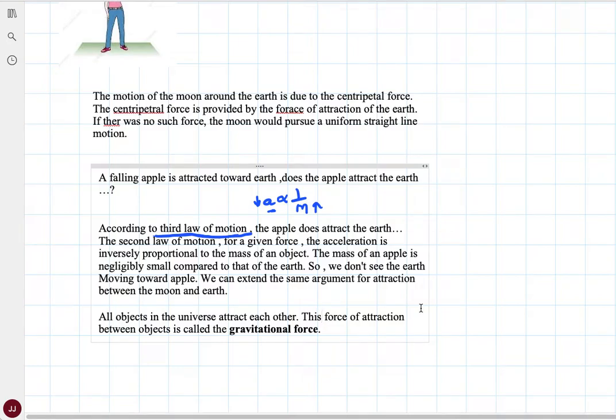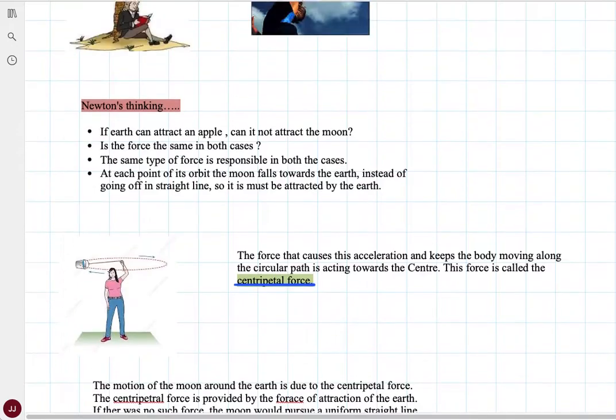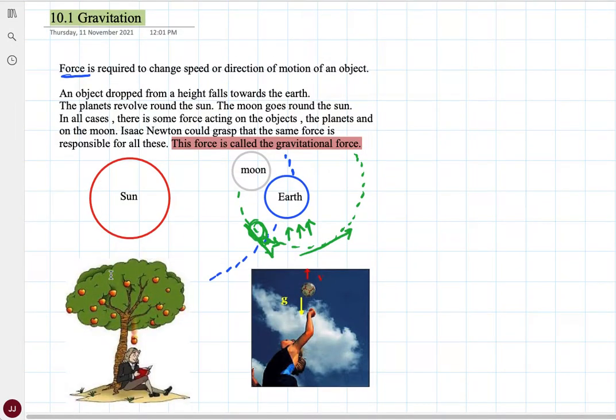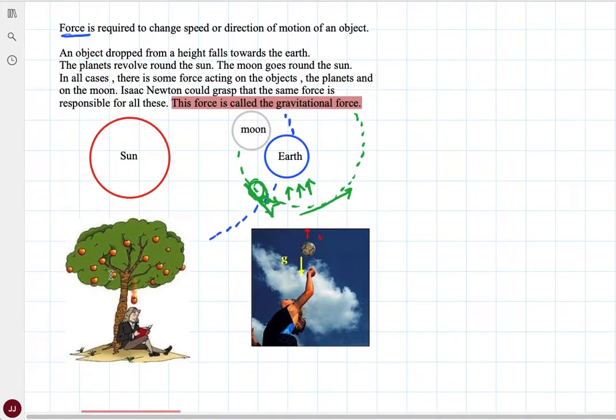Okay, so let me rewind what we have seen. Force is the fundamental unit of motion. We need force to change the speed or direction of motion of an object. Suppose an object is in motion, then we need a force to change its direction or its speed.